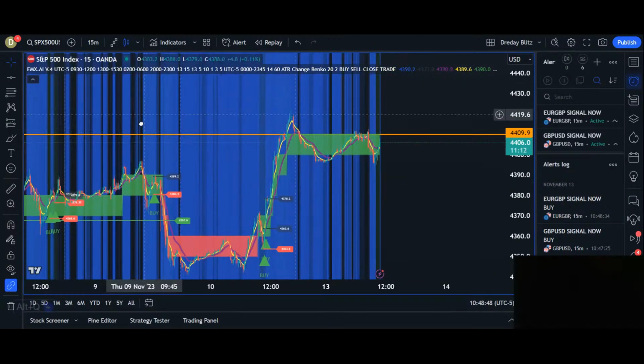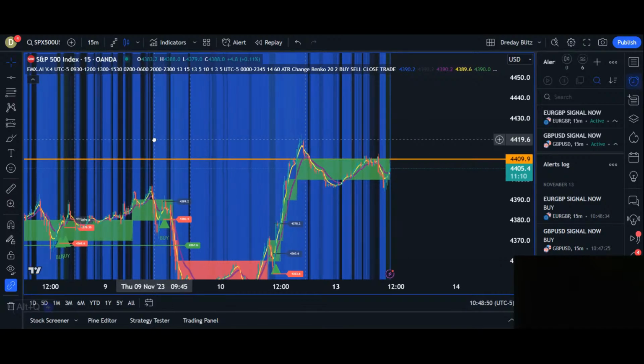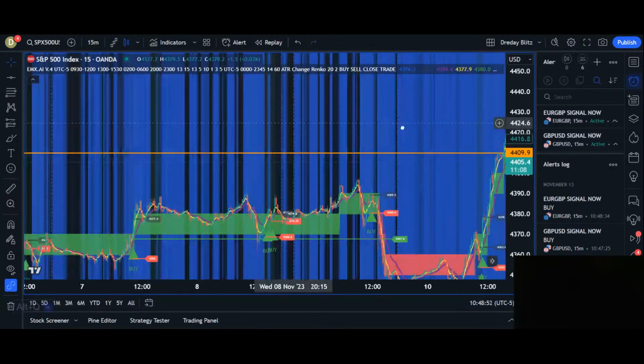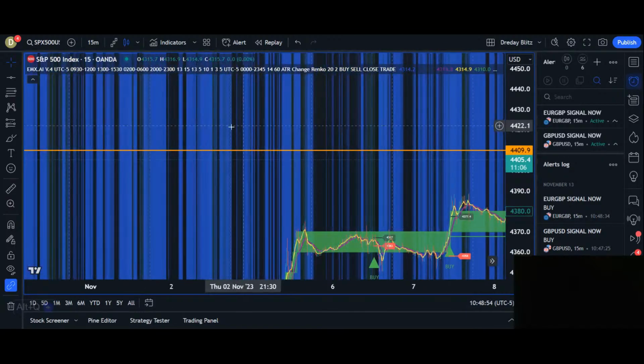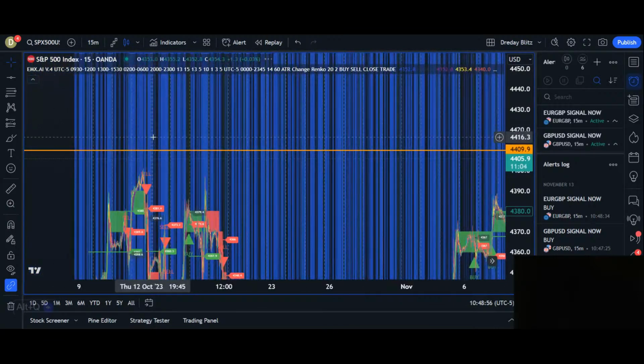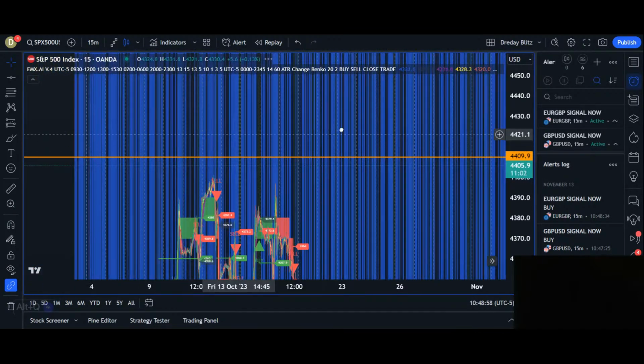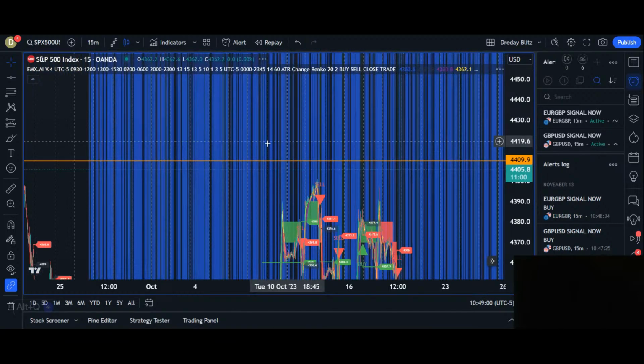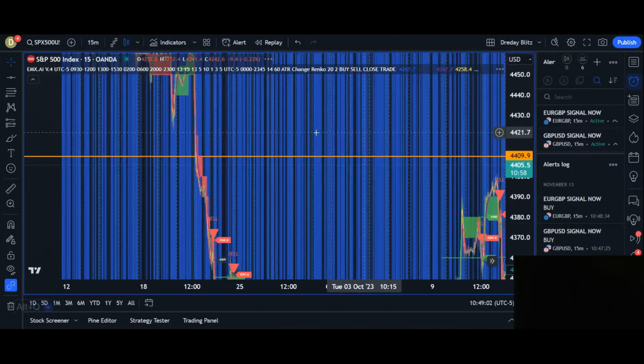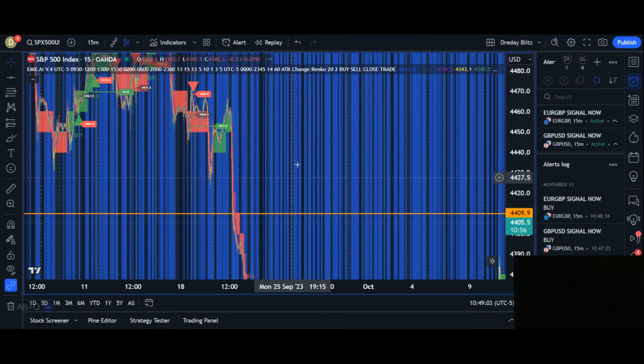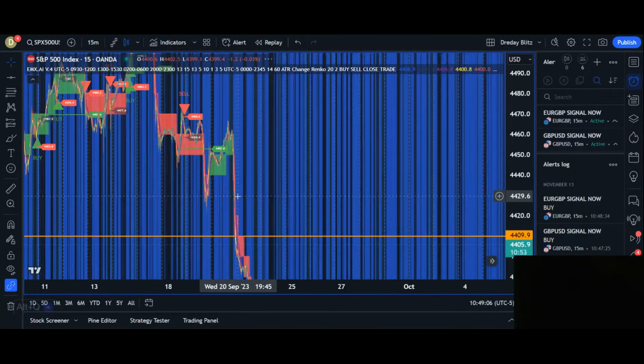So let's say you want to calculate the range of where the price will go. Let's go back in time and see if there were any Renkos at that price. Yes, there was.